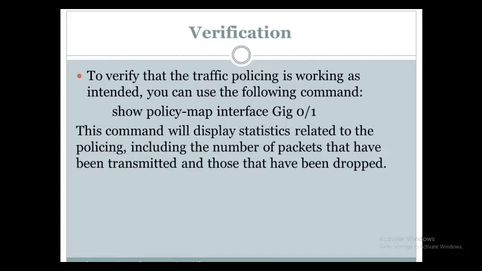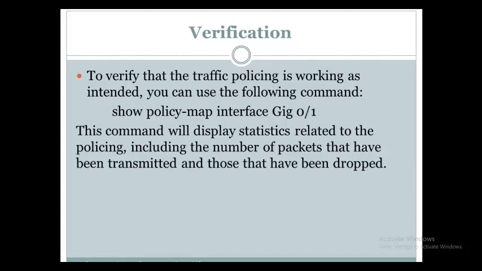In another word, how many bits or megabits were within the policy and how many exceeded the policy. It will show you both in bits as well as in number of packets. How many millions of packets have been sent, how many hundreds of packets has been dropped. It will show you. This is the only verification command for QoS.